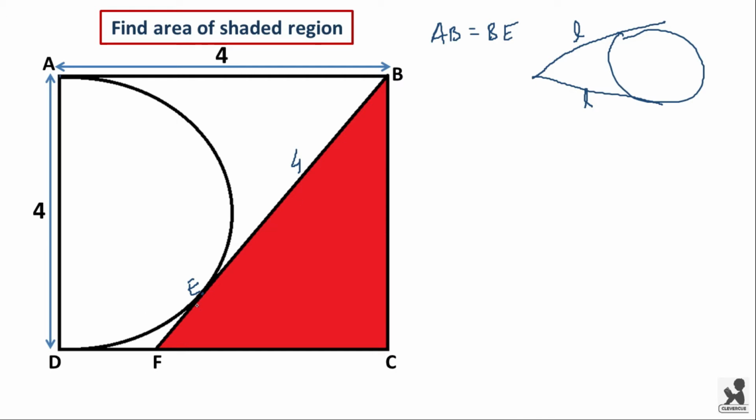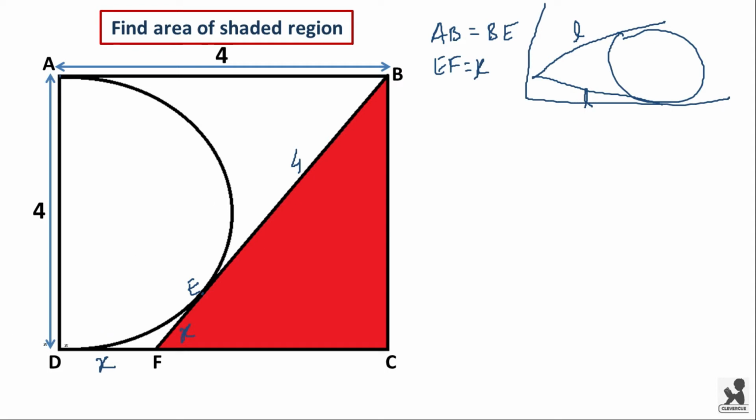Now let us assume the length of EF is equal to x. If the length of EF is equal to x, then the length of DF is also equal to x by using this same principle.